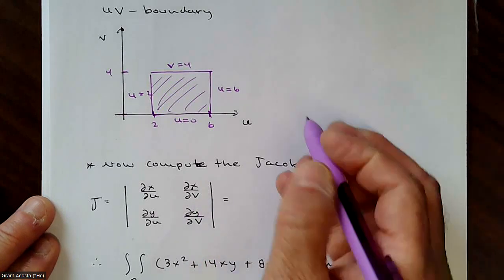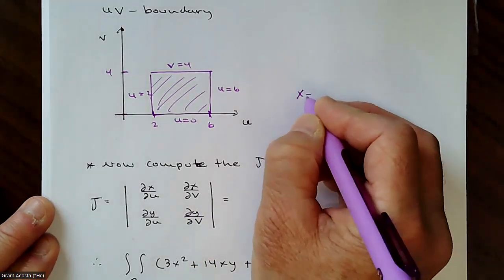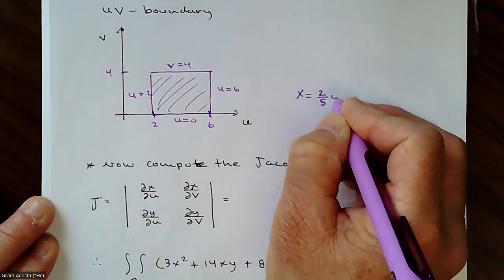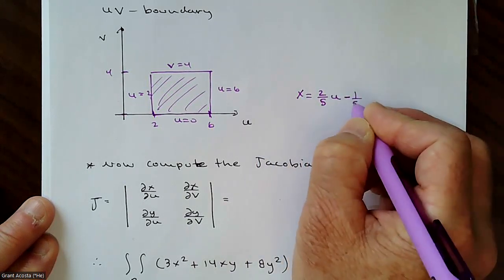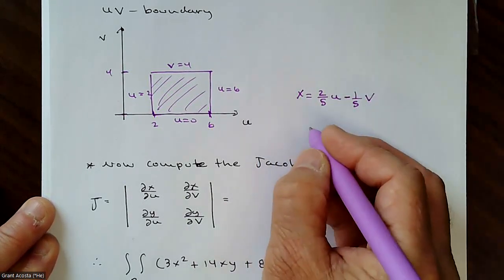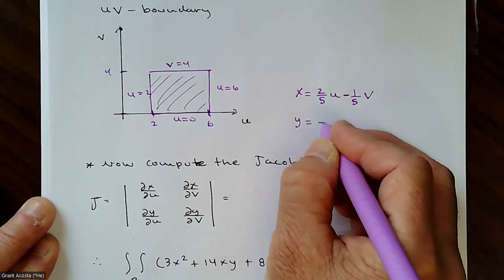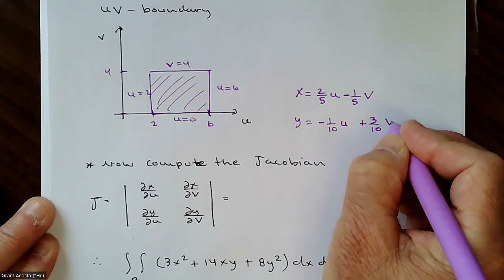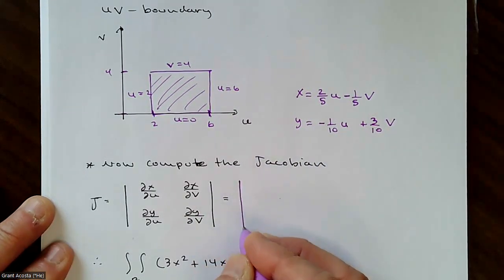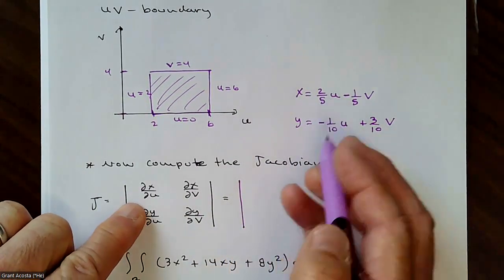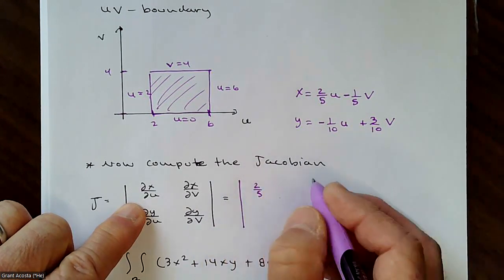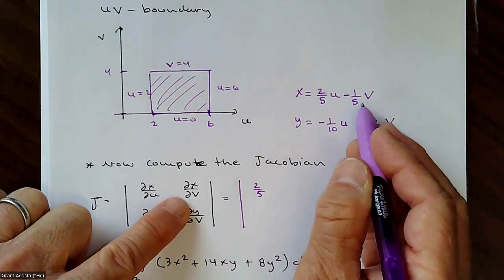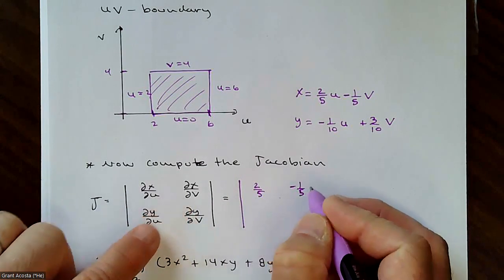When we take this determinant, let me rewrite my x and y. So I have x is 2/5 u minus 1/5 v, y is negative 1/10 u plus 3/10 v. So my Jacobian: partial of x with respect to u is 2/5. With respect to v, negative 1/5.